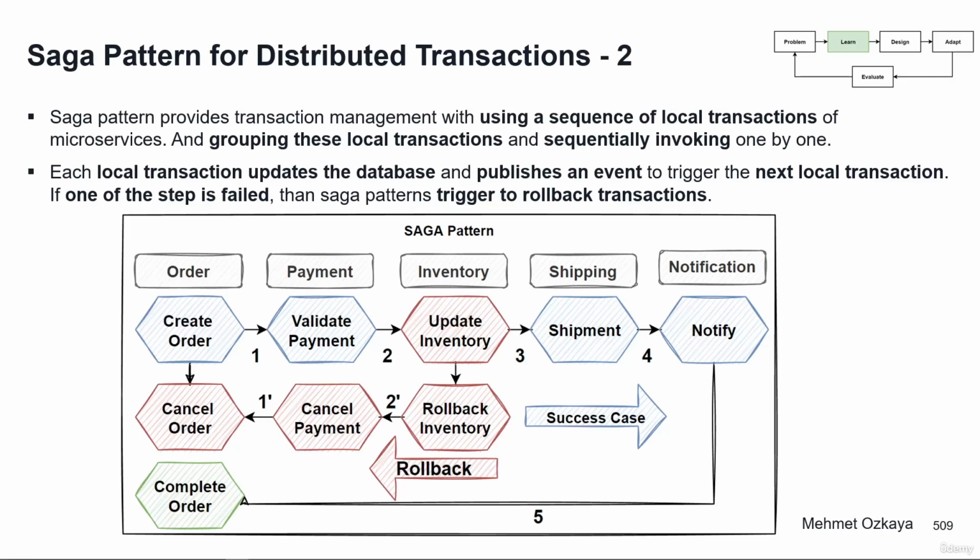Here you can see an example of how the SAGA pattern could be used in an e-commerce application for the order fulfillment process to handle the rollback scenario. First of all, the customer places an order on the e-commerce website and provides their payment information. The order fulfillment microservice begins a local transaction and sends a request to the inventory microservice asking it to reserve the item in the customer's order.